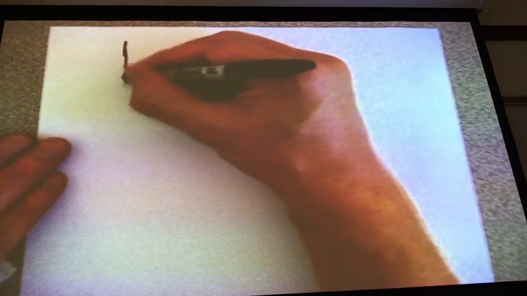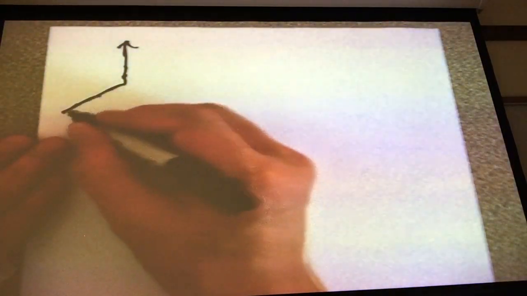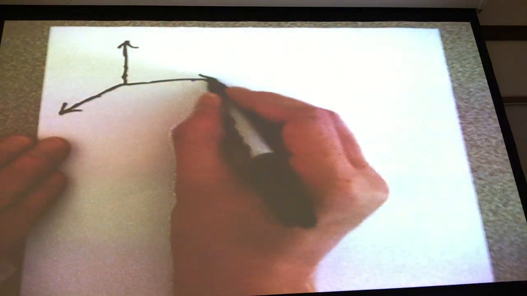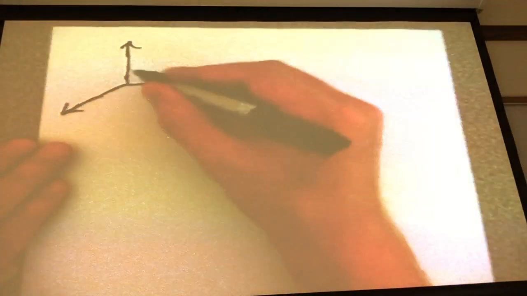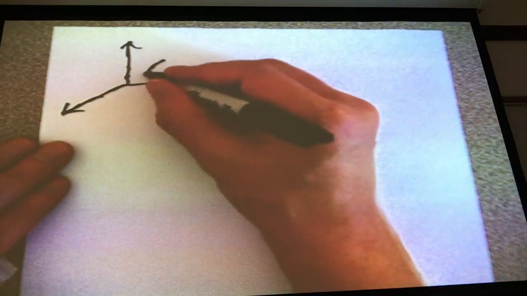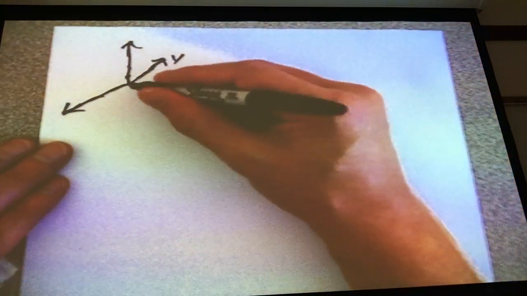And so instead of the standard basis, let's say that this guy is in the YZ plane.